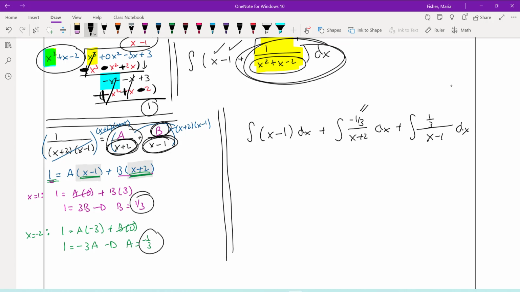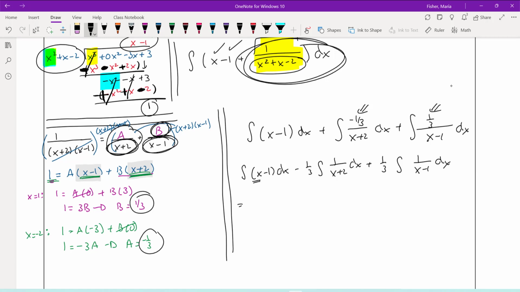Let's go ahead and factor out these constant multipliers, and we have the indefinite integral of x minus 1 dx minus 1/3 the indefinite integral of 1 over x plus 2 dx plus 1/3 times the indefinite integral of 1 over x minus 1 dx.